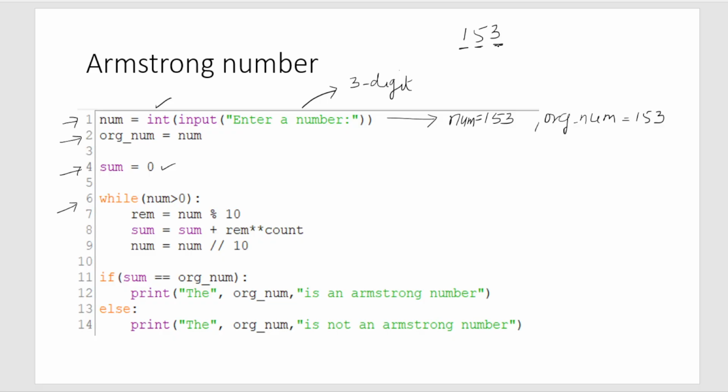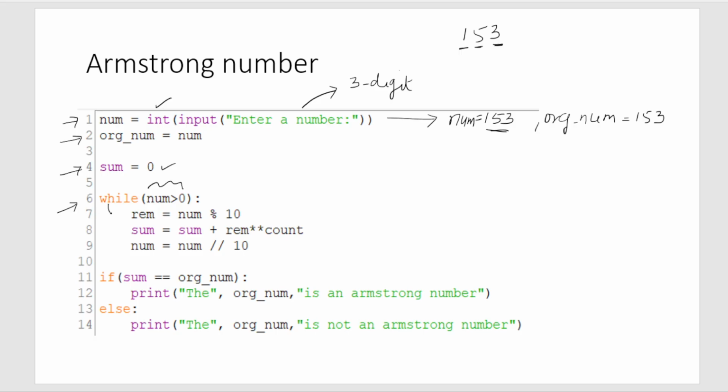Whenever I read 3, I will cube it, then I will read 5 and cube it, then I will need 1 and cube it, and then I have to stop the loop. The condition that we have taken here is that as long as the value of num is more than 0, we will continue the loop. Because the value of num is 153, it is more than 0.